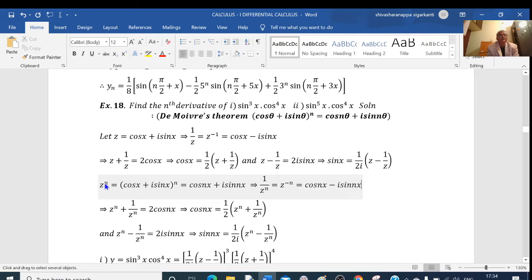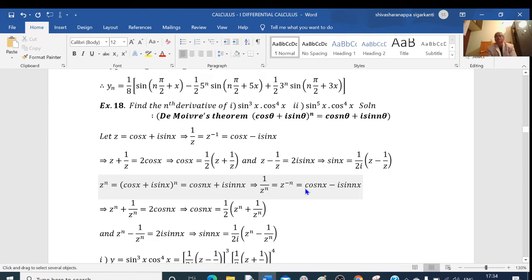Now if you consider z to the power of n, this is (cos x plus i sin x) to the power of n, which equals cos nx plus i sin nx using De Moivre's theorem. Then what about 1 by z to the power of n? That is (cos x plus i sin x) to the power of minus n, which is cos of minus nx, equal to cos nx, plus i sin of minus nx, which is minus i sin nx.